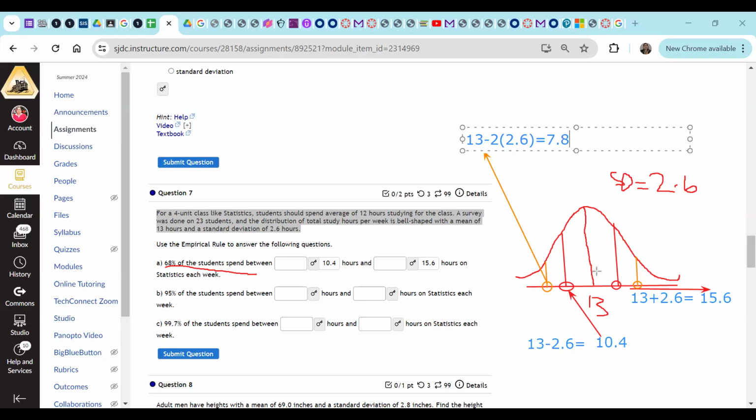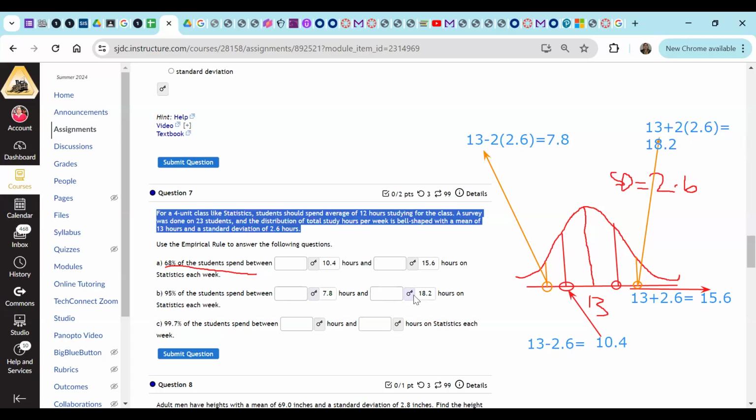Then the same way on this side, to find this point, we're going to have 13 plus 2 times 2.6, which is 18.2. So that will go in these blanks: 7.8 and 18.2.